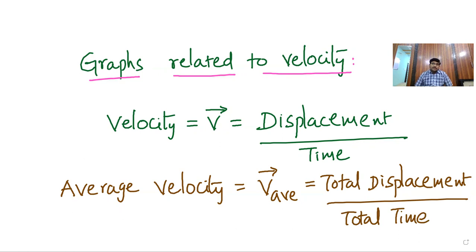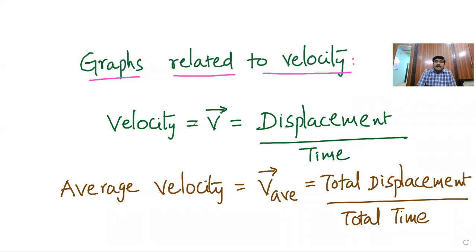Recollect, when do we use average velocity term? When there is a long path, the journey is very long, the duration of time period is long, then we make use of average velocity term.